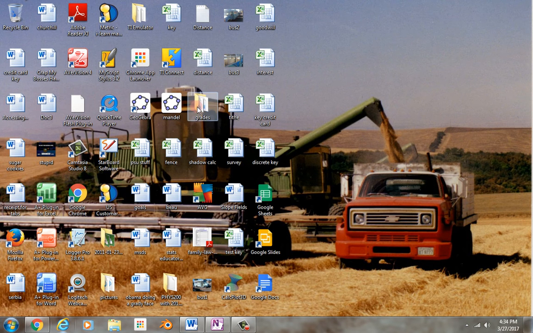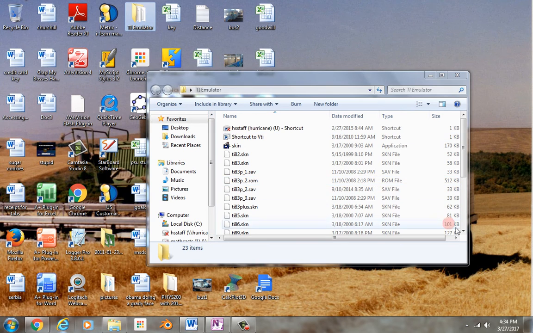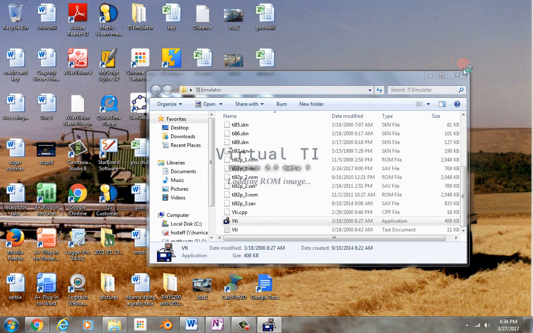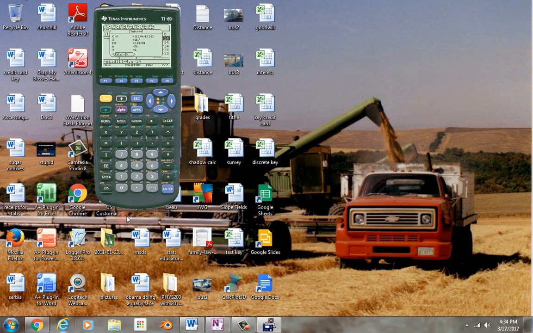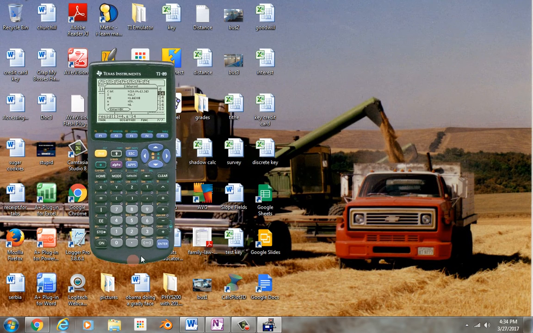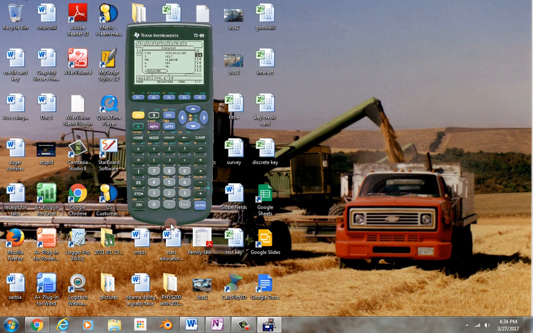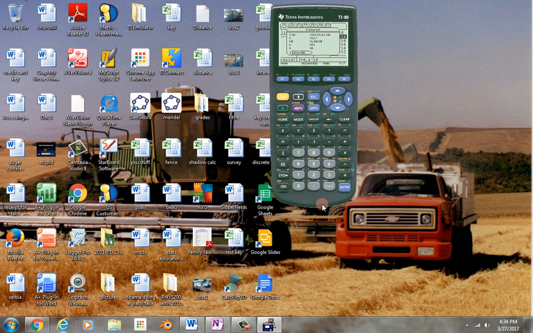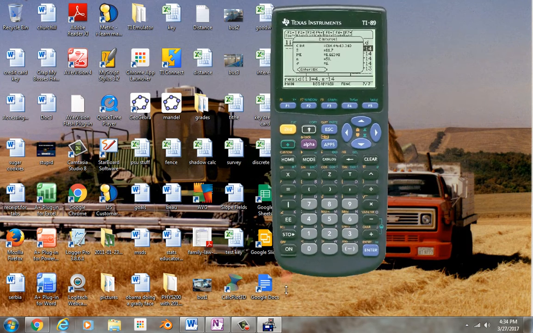I've got my calculator, wherever I put it. There it is. I highly recommend this TI emulator program. If you don't have it for your computer, I would highly recommend you get it. It is fabulous. Okay, so apparently I lied. On this machine, the emulator is only working on the 89.